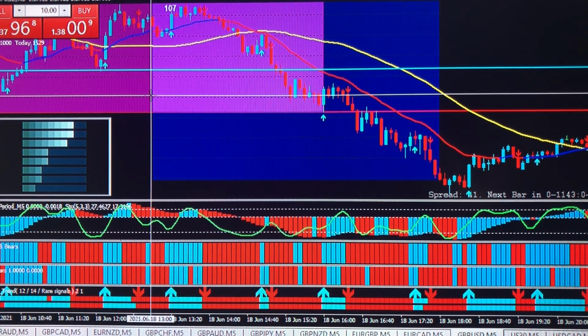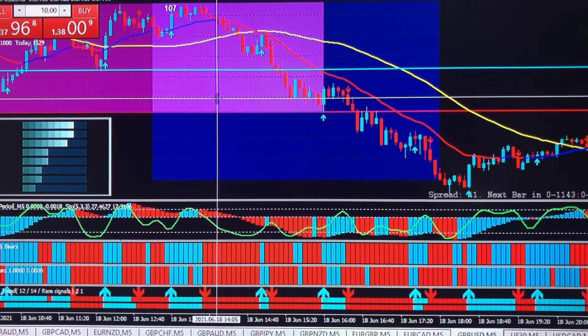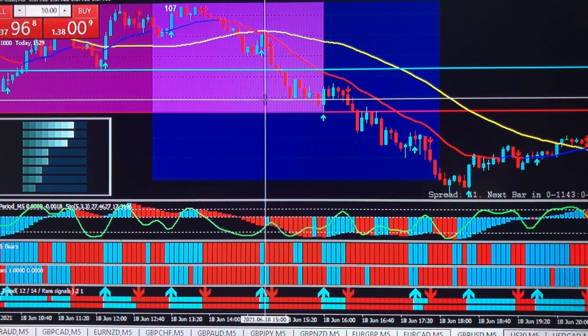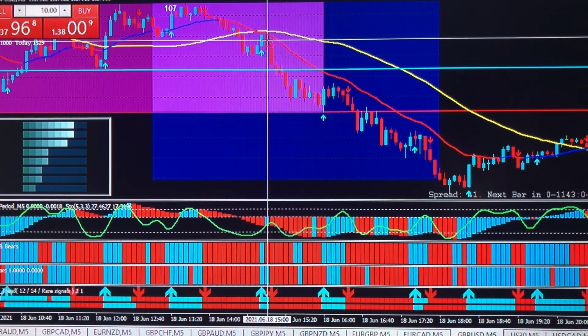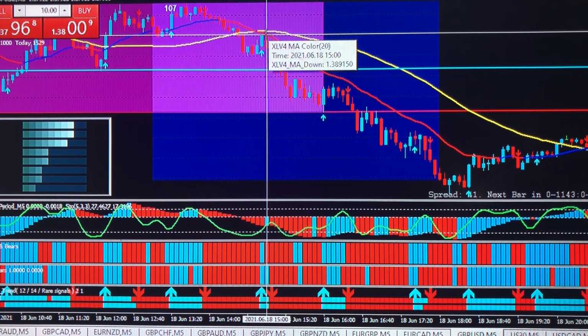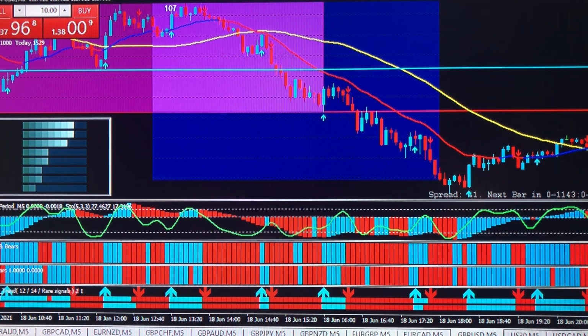So this is 6. This is about 7. This here is about 8 o'clock. If you're good enough, you can take the trade here and ride it all the way down for 46 pips.